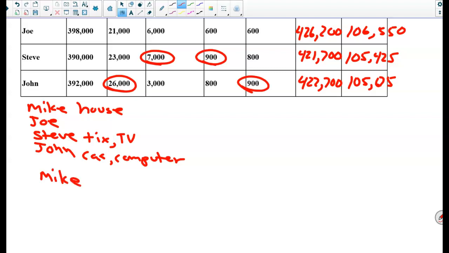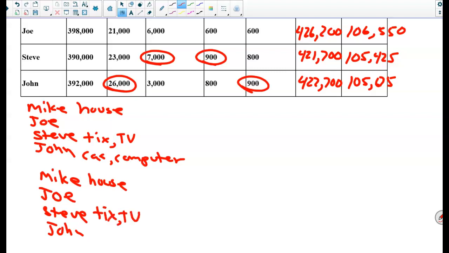Mike, Joe, Steve, John. And I give them their items again. House, Tix, TV, car, computer. All right, my house is more than my fair share, so I pay the difference. 400,000 minus 106,625.